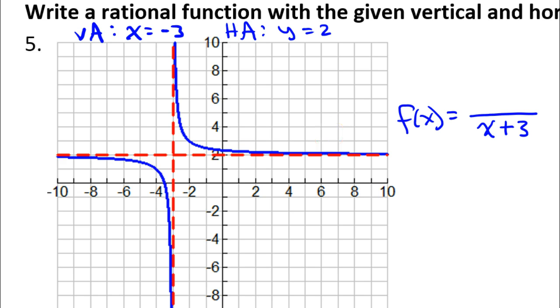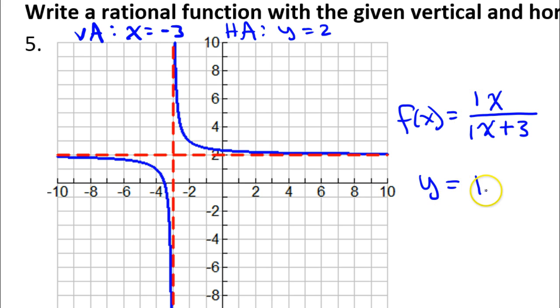But look, I already have the degree of the denominator is degree 1. See the x? So I need to make the numerator also be degree 1, so they'll be equal. So there, I can just put an x. Now they have the same degree. Right now, the horizontal asymptote is y equals 1, because the leading coefficients are 1 and 1, which gives you 1.